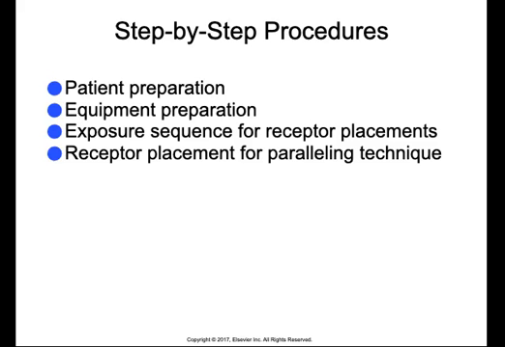The exposure sequence for receptor placements. The dental radiographer must have an established exposure routine to prevent errors and to use time efficiently. So you always want to establish a sequence for exposing your X-rays.